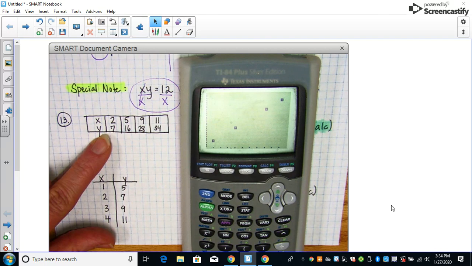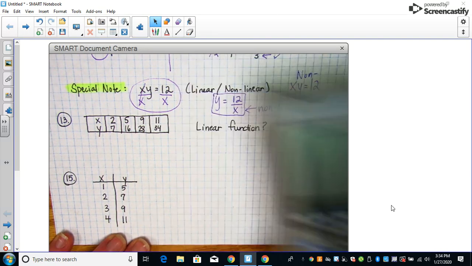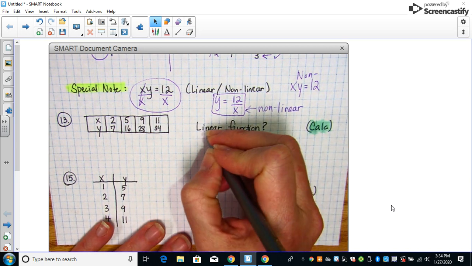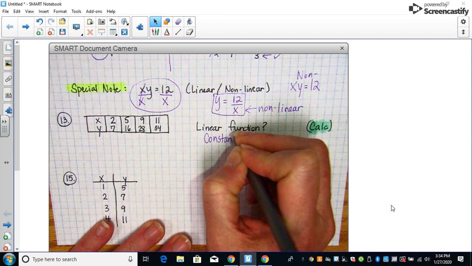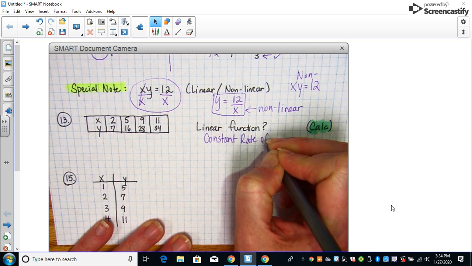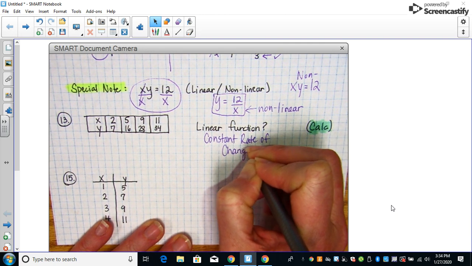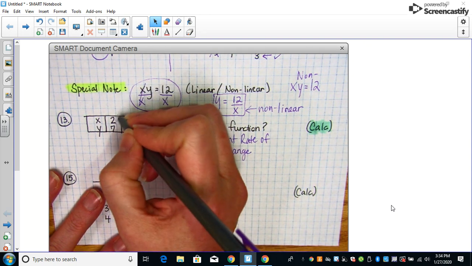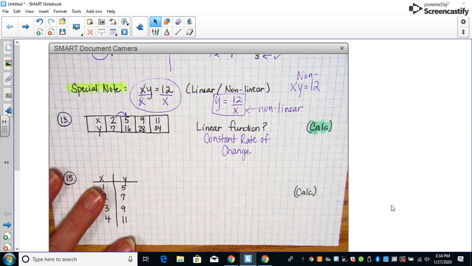Now sometimes these can fool you just a little bit, but here's another thing that we need to do to check and make sure. Straight lines have a constant rate of change. And this one fooled a lot of you. Let me show you why. We're going to look at our change from 2 to 5.